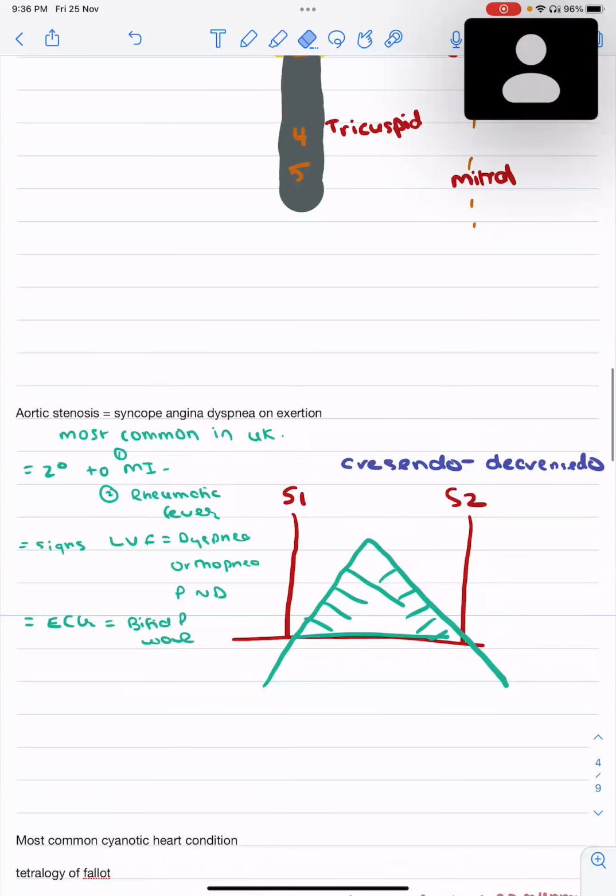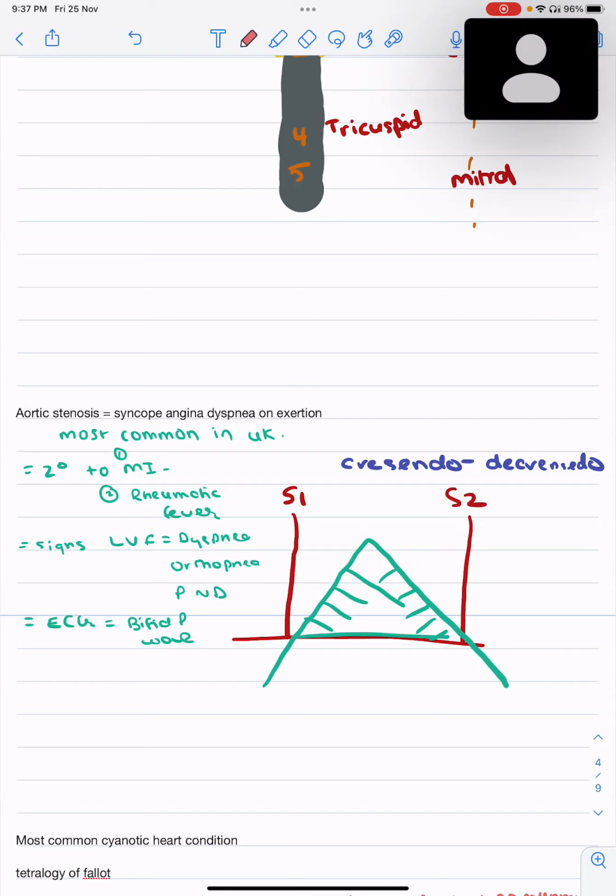So coming to aortic stenosis, it's the most common in the UK. Either it would tell you the patient had an MI a couple of days ago, and now presents with left ventricular failure signs: dyspnea, orthopnea, paroxysmal nocturnal dyspnea. Or they'll say the person had rheumatic fever.